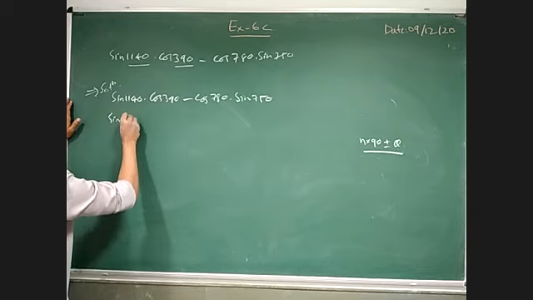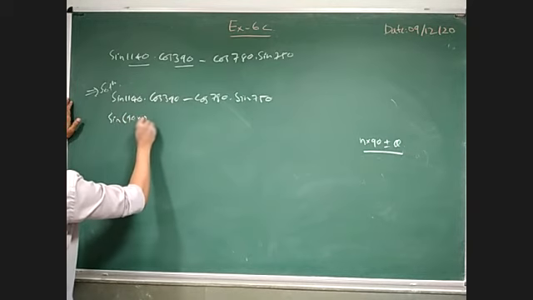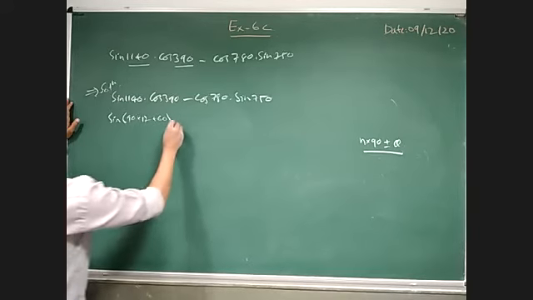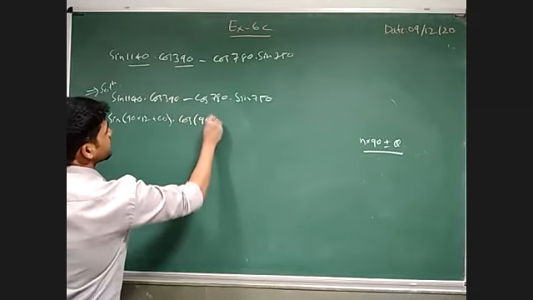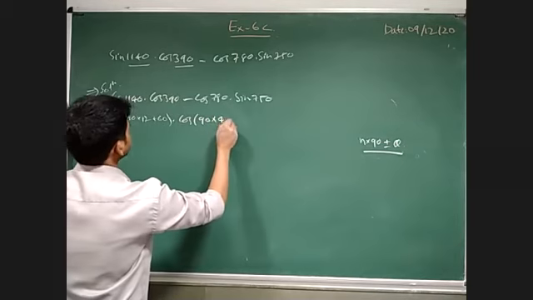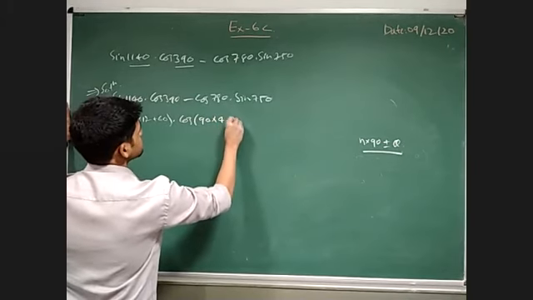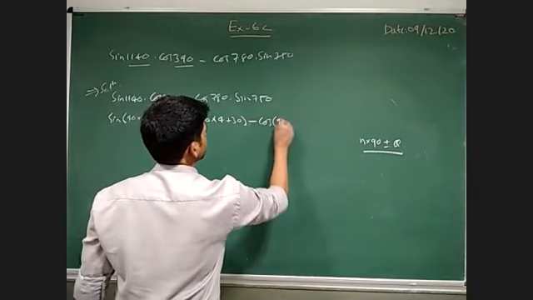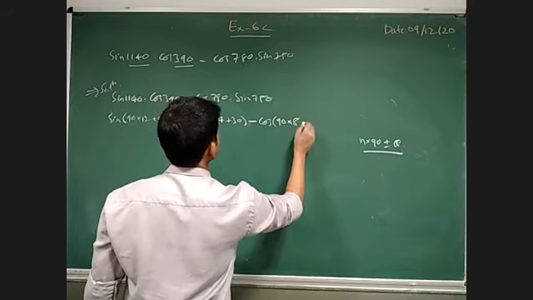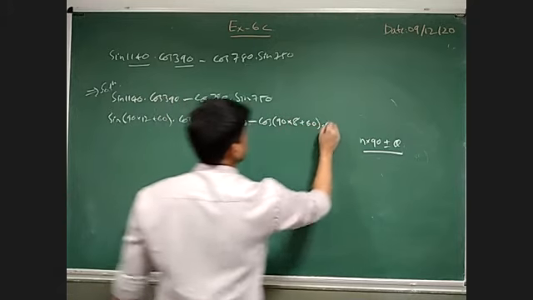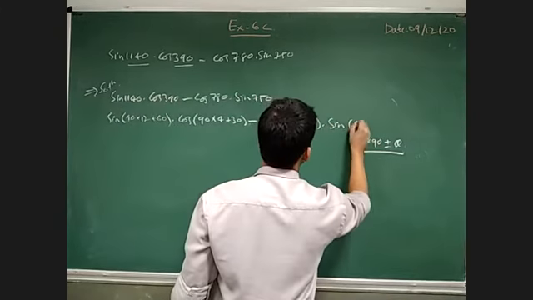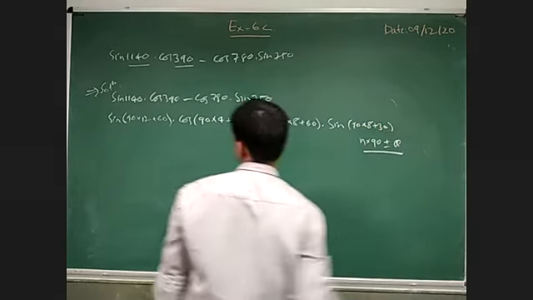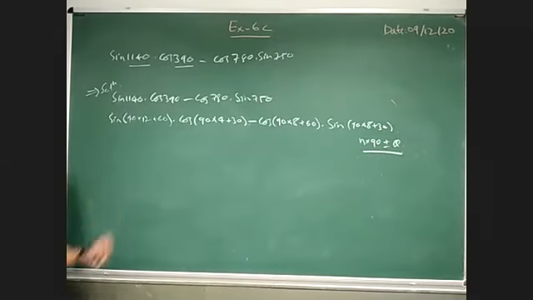So here it will be 90 into 12 plus 60, 60 into cos 90 into 4, 90 into 4 plus 30 and minus cos 90 into 8 plus 60 and 90 into 8 plus 30.